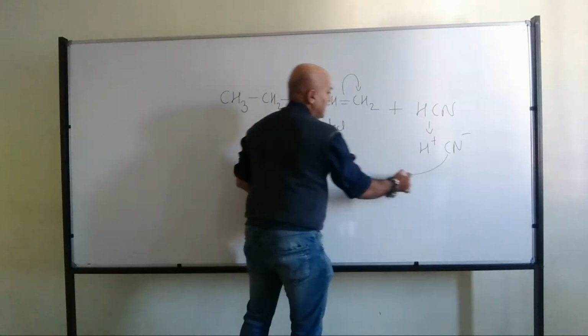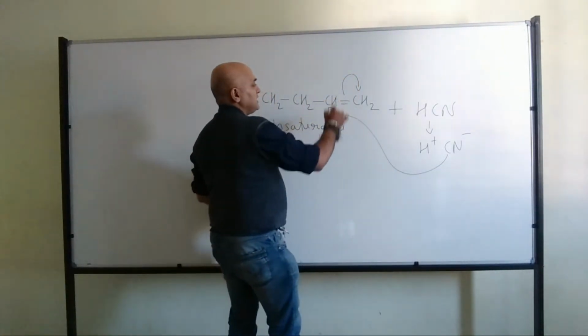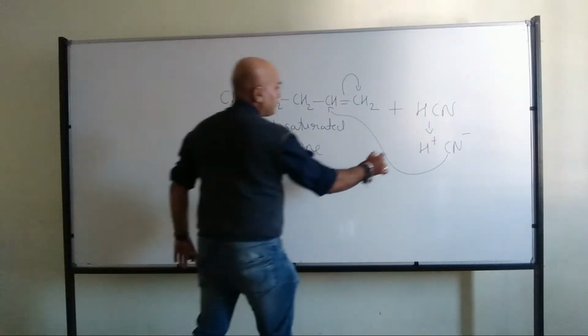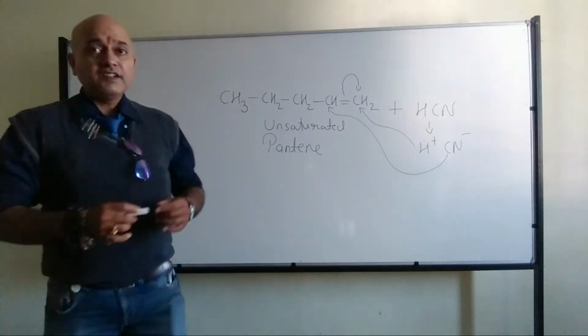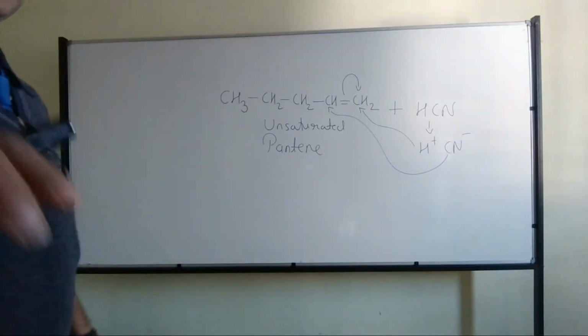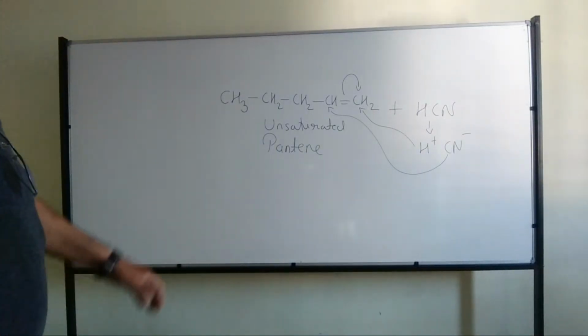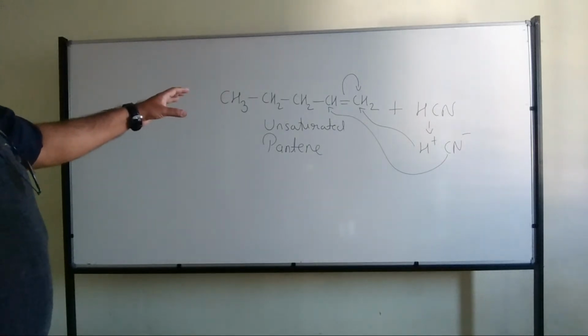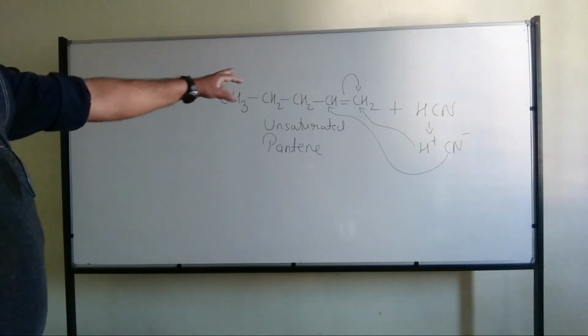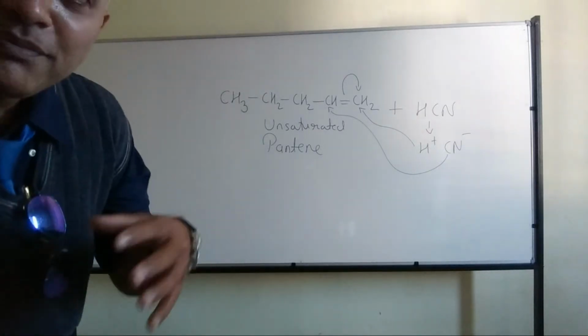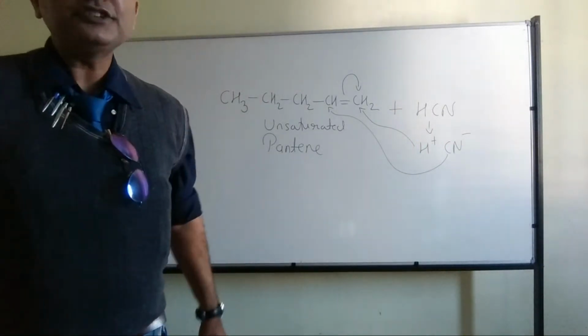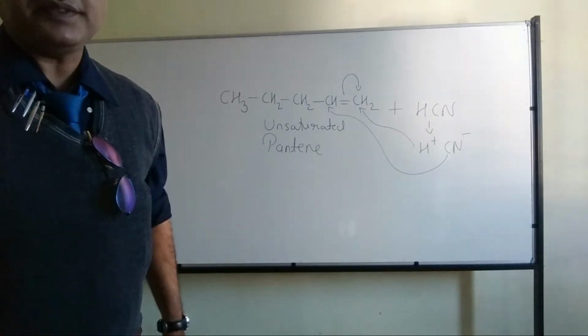So the nitrile group will be attached over here and hydrogen will be attached over here. That means H plus will be attached over there. That means we are going to get the nitrile derivative of the pentene where the nitrile group is attached to the second carbon. Anupama madam, not the first carbon, it should be the second carbon.